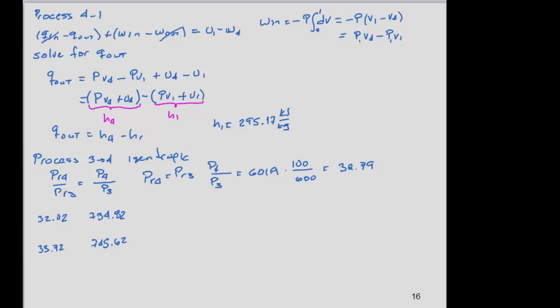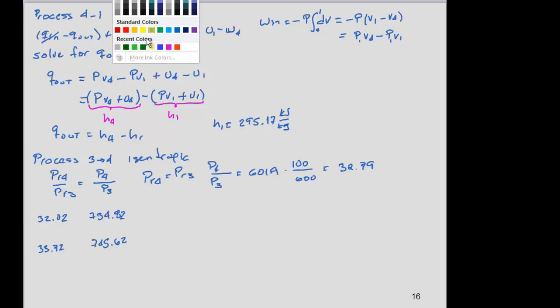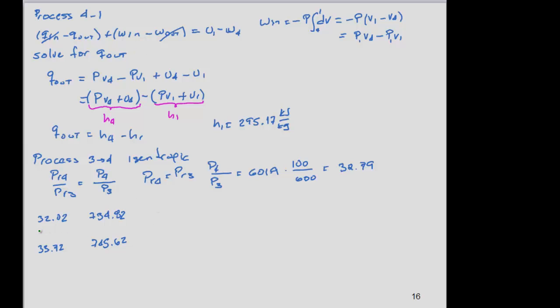So we want to interpolate between these two values to get 32.79. So by linear interpolation we can get to this value. It should be between these two, and we get 739.68.